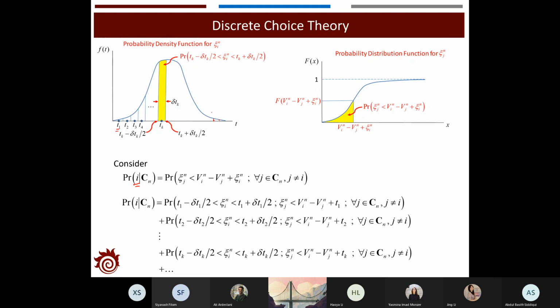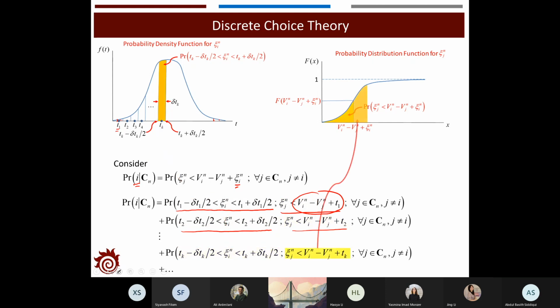If the value of Tk falls in the first cell, then you can calculate the probability of that region times the probability that epsilon J is less than Vi minus Vj plus T1. So that's for the first cell. Then you can do the same for the second cell and third cell and so on. That's the probability of I with all different possible values of epsilon I.